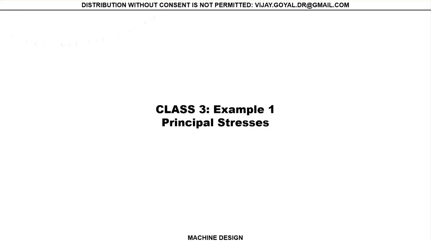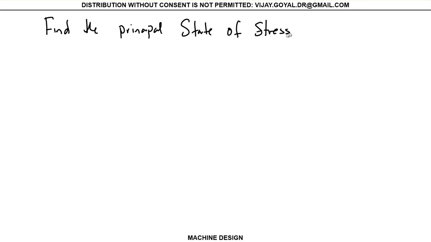So this is example number 1 for stresses, how to find the principal stresses specifically. For this particular example, we want to find the principal state of stress for the following state of stress.